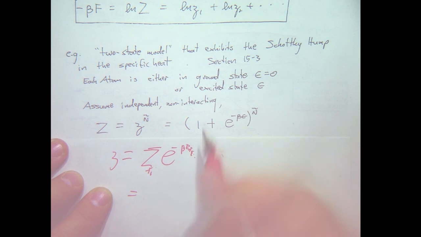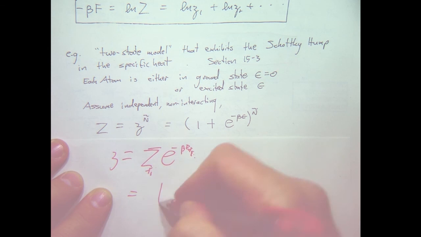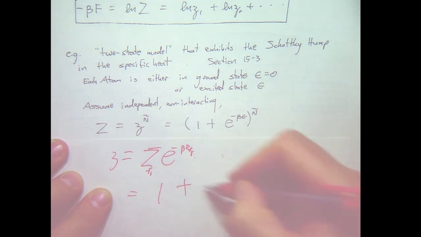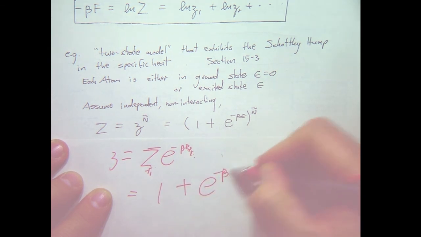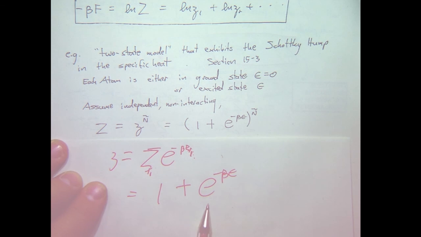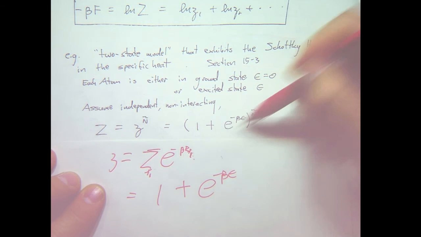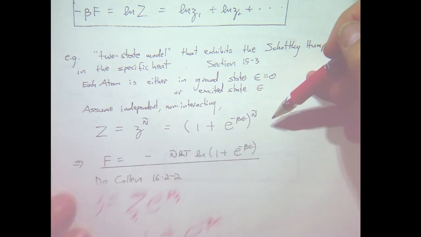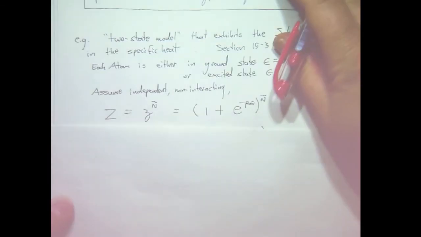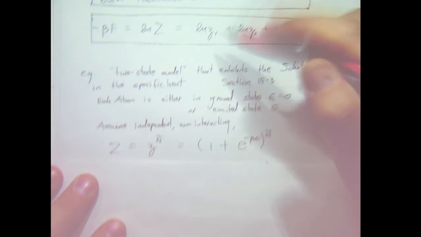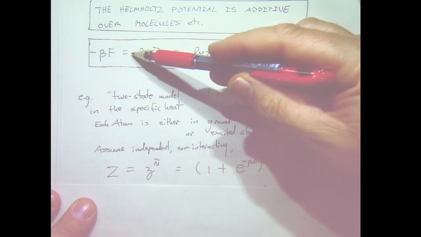But the two possible energies are 0 or epsilon, so that's either e to the 0, which is 1, or e to the minus beta epsilon. So that's 1 plus e to the minus beta epsilon, all to the power of the number of particles. That's Z, and F is just minus 1 over beta log Z.